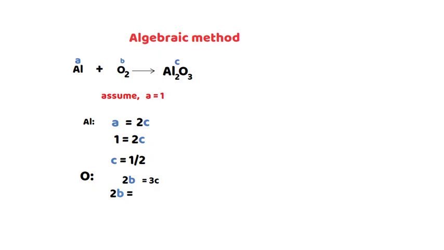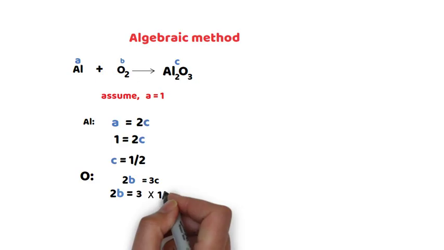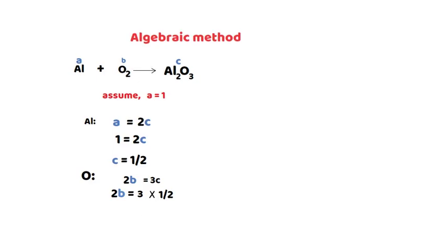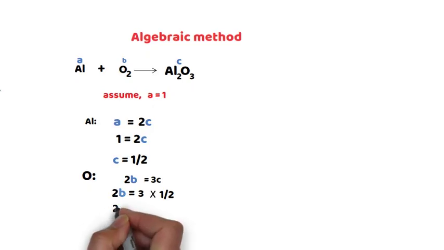Therefore, 2B is equal to 3 times 1 over 2, which is equal to 3 over 2. Now multiply both sides by 1 over 2. At the end of the day, we have B equal to 3 over 4.